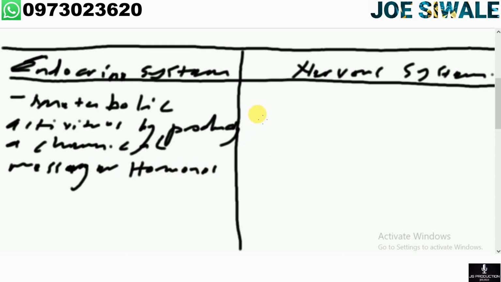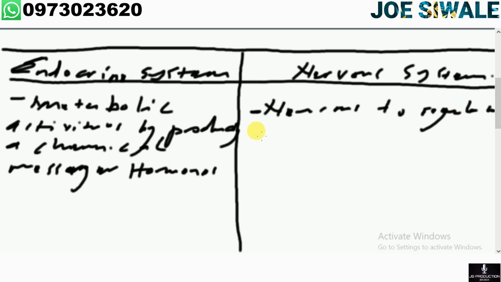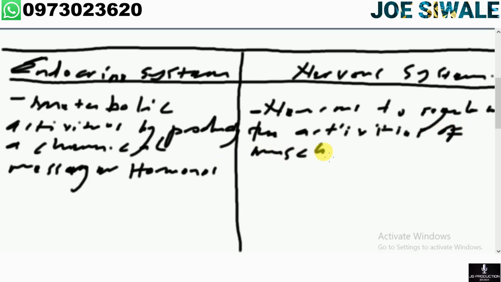Then what about the nervous system? The nervous system uses neurons to regulate the activities of muscles and glands. So this is the first difference.